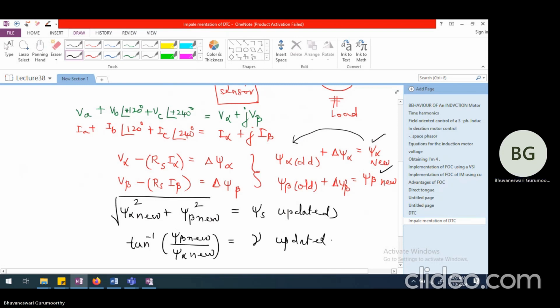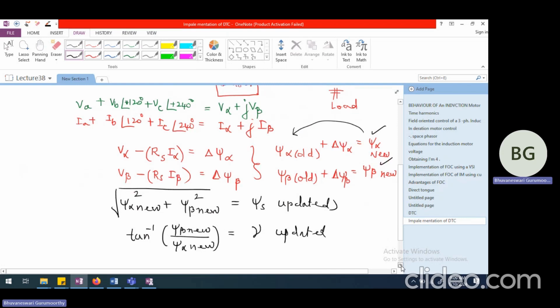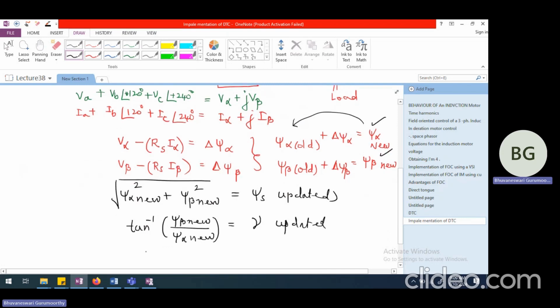Now that I have the updated flux linkage values and gamma value, I should be able to calculate electromagnetic torque as well.